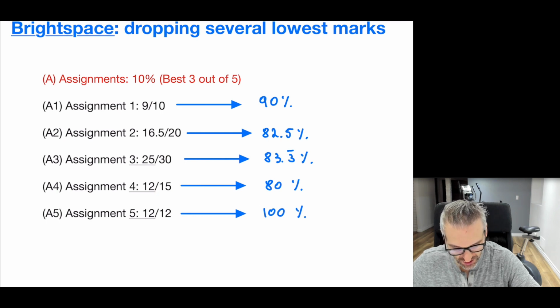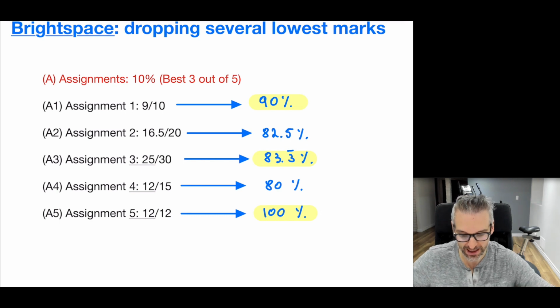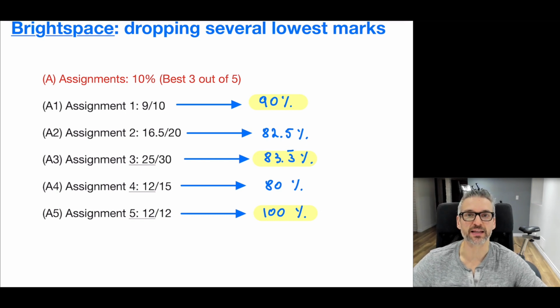So, I've changed all of these to percent so that it's much easier for me to see which ones are the top 3 assignments. I'm just highlighting the 3 that I would keep, and then I would drop the 80 and the 82.5, and they wouldn't count.